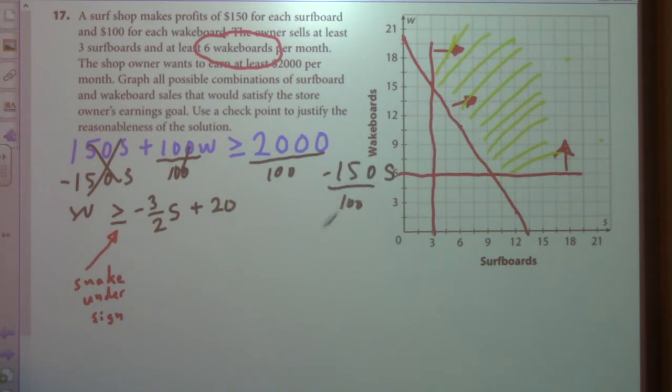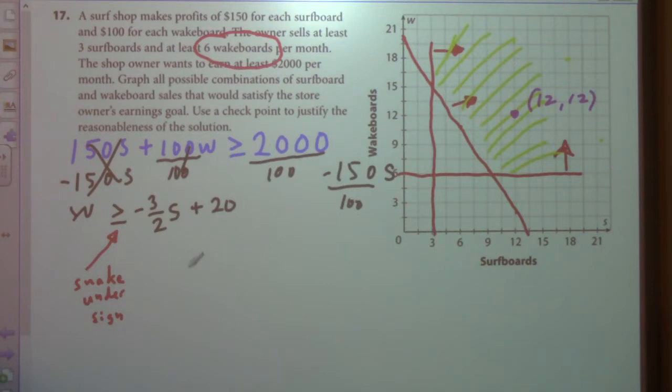Okay, so the last thing says use a checkpoint to justify the reasonableness. Where's our checkpoint going to be for this one? Where do you want to make a checkpoint? 12, 12. Let's do 12, 12. That's a good one. It should be solidly in the solution set. So here's 12, 12.